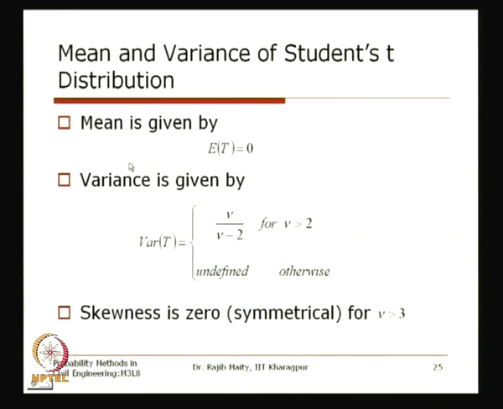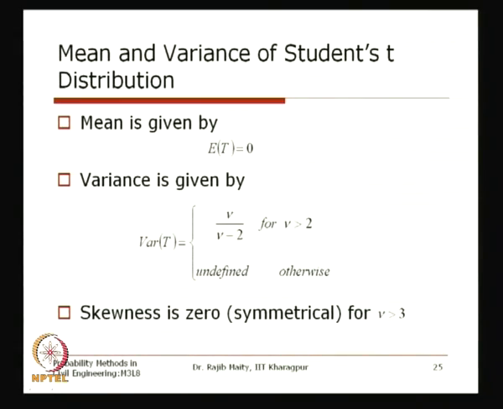Now, these are the first few moments of this distribution. First of all, the mean of the student T distribution is equal to 0 for the standard T distribution, which is what we use when we do statistical tests.